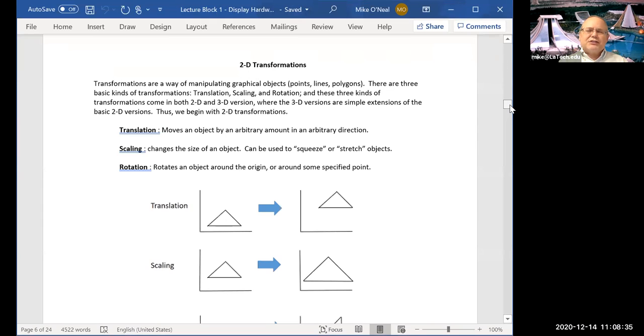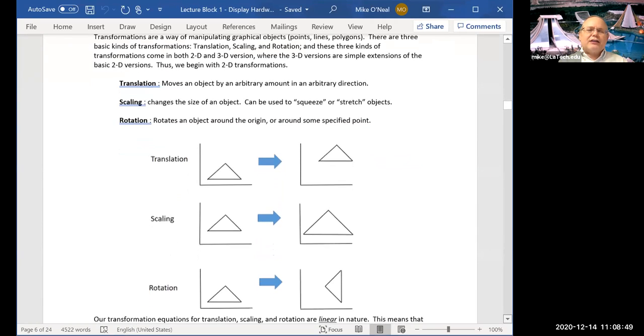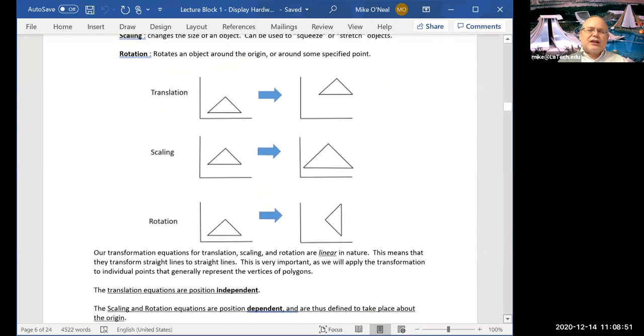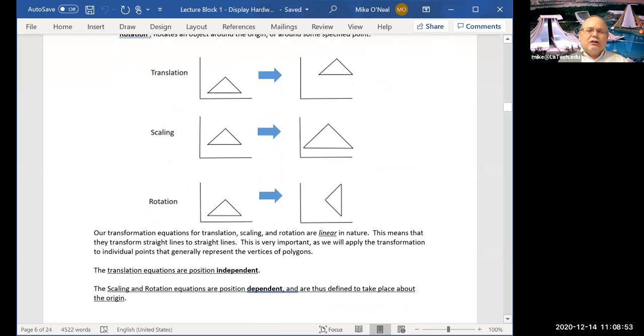So translation means to move. Scale obviously means to change the size. We also have rotation. Now, we did talk about the fact that scaling and rotation are position dependent, while translation is not.